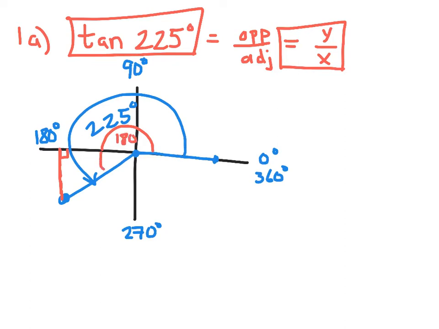So that means that this little bit here, and I'll draw that in green, has to be 45. Remember, this is quadrant number 1, quadrant number 2, and quadrant number 3. So this is a special triangle in quadrant number 3.